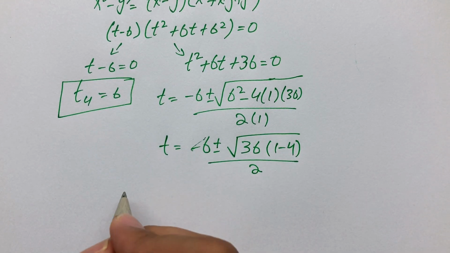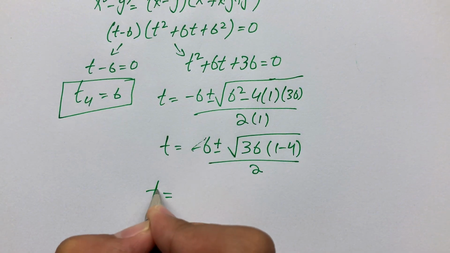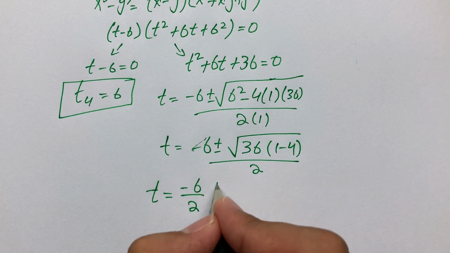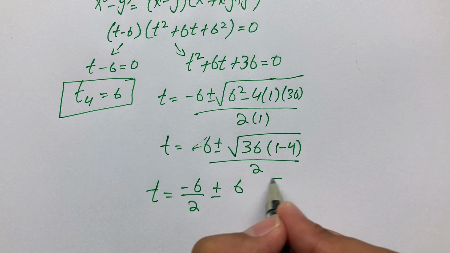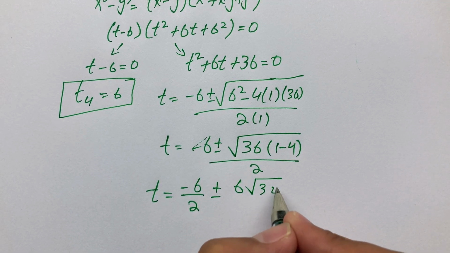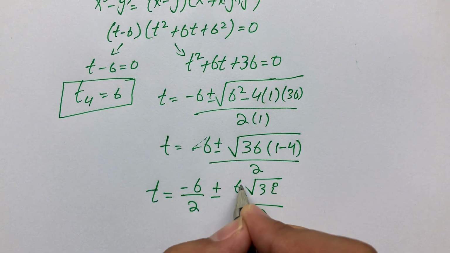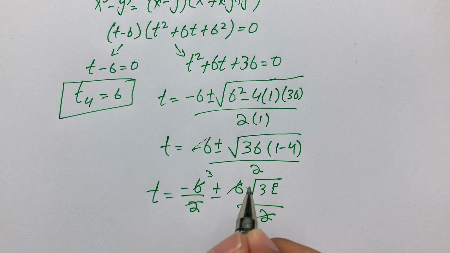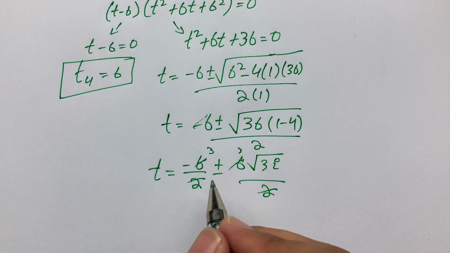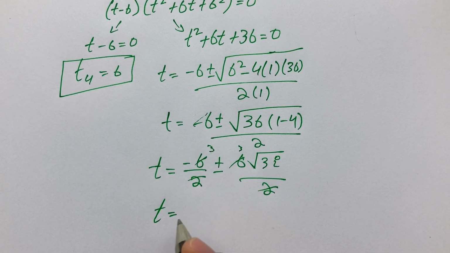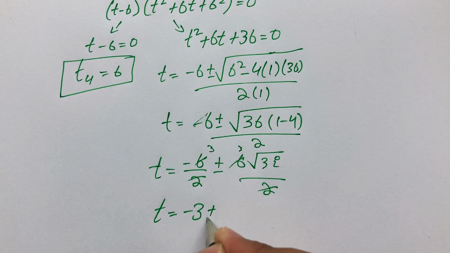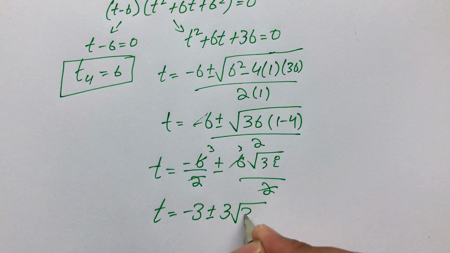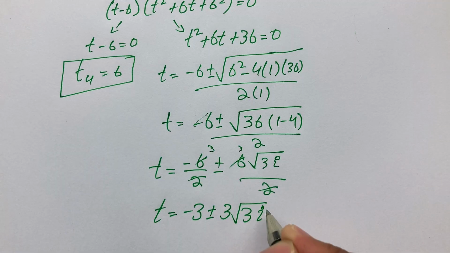Now this will be t is equal to minus 6 divided by 2 plus minus 6 into under the root 3 iota divided by 2. This cut by this cut by this, remain 3, t is equal to minus 3 plus minus 3 into under root 3 iota.